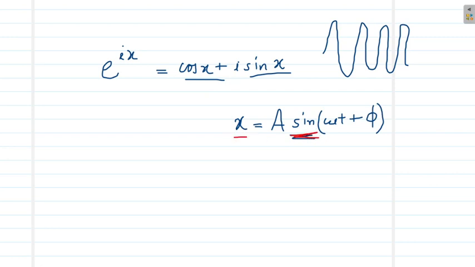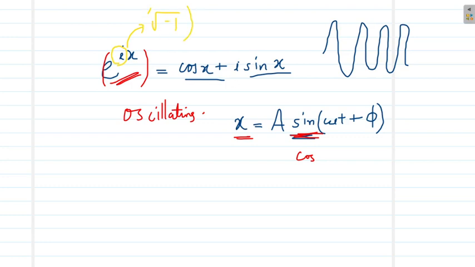In the case of the oscillator, it is the position which is oscillating, varying like a sine function. But in different physical situations, whenever the sine function or cos function or e raised to ix function comes in the equation, that implies that the system has some sort of oscillating behavior. Now you have to specifically remember that we need to have an i term here. i corresponds to iota, or the root of minus 1.